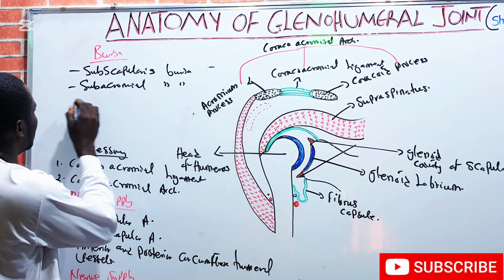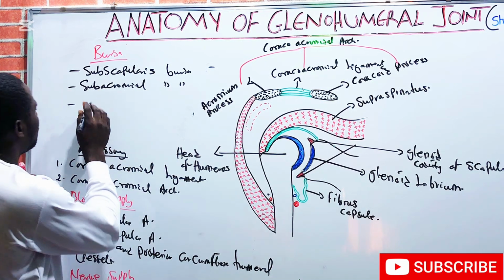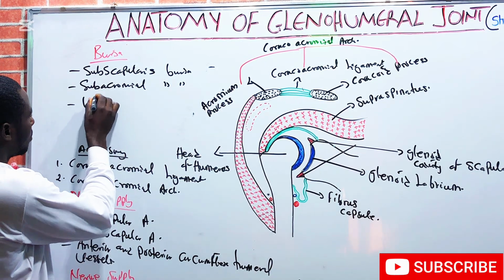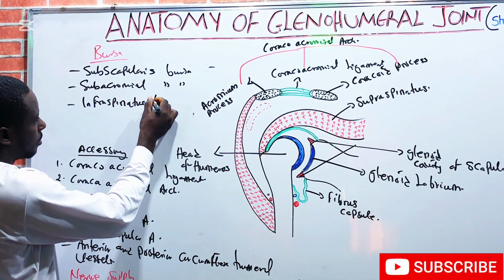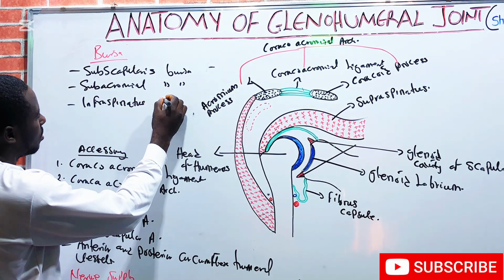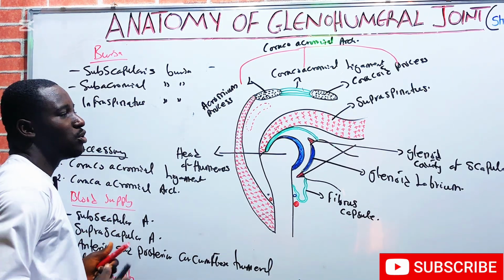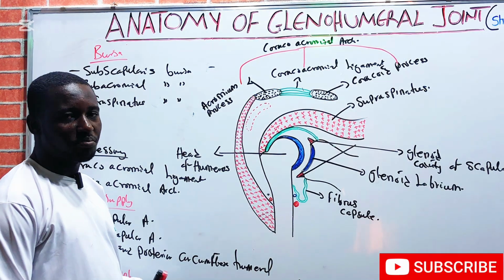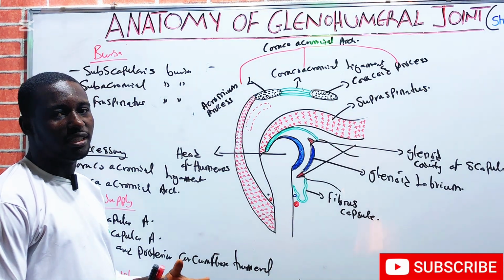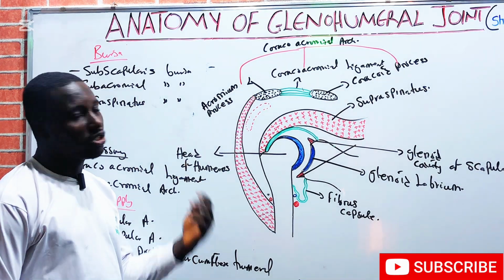The number three is the infraspinatus bursa. This bursa helps to cushion friction around the structures of the shoulder joint. That is why it's very, very essential. It helps in the cushioning mechanism of the structures of the shoulder joint.